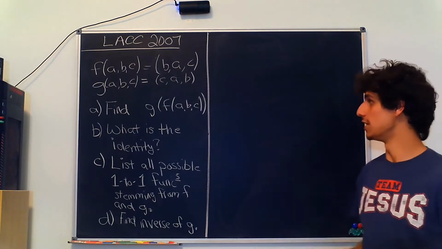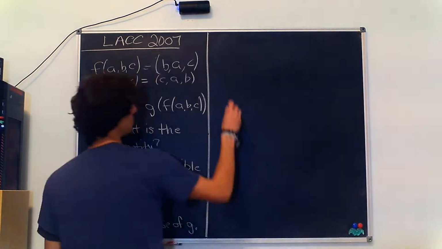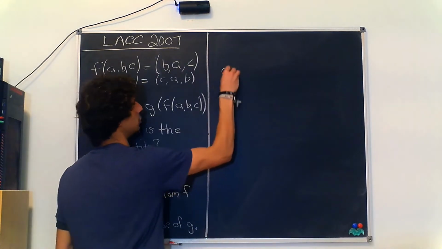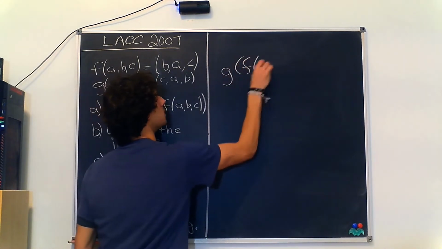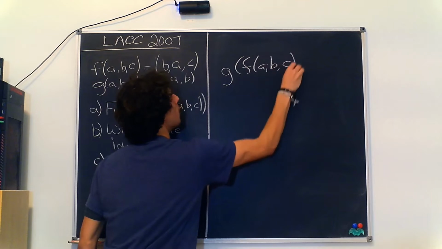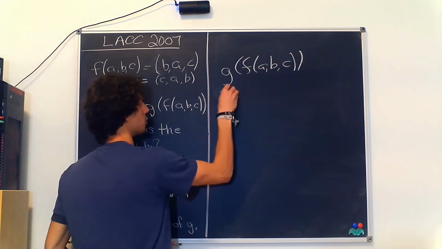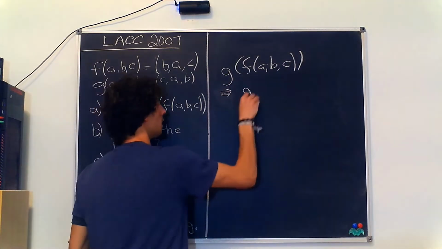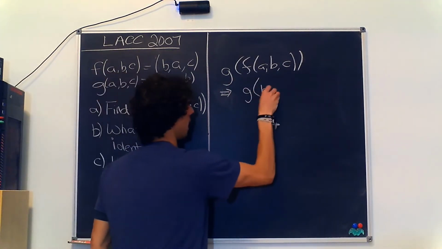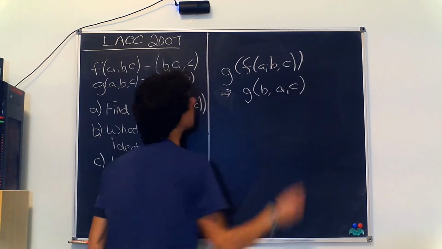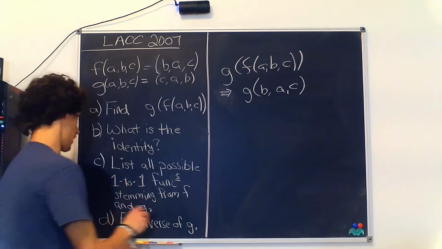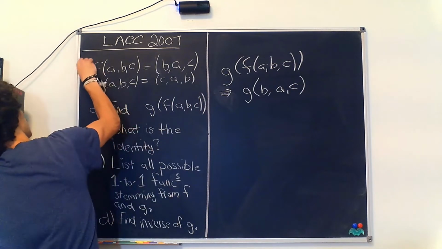Let's find g of f of a, b, c, and this should be the easiest one. Let's work from the inside out. F is given to us here, so that's just going to be g of b, comma a, comma c. That's just by this red dot right here.